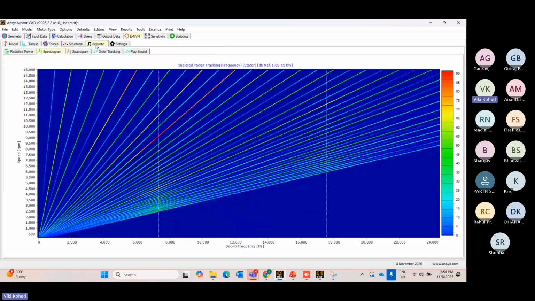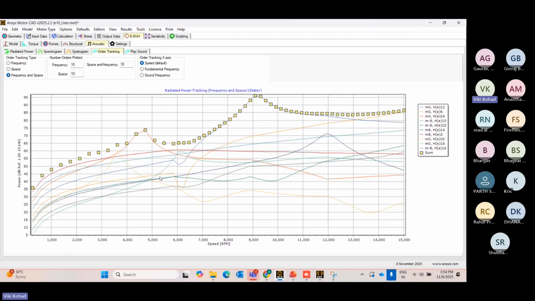Go to acoustic, and here the order tracking, and you can see the graph here. The frequency versus space graph, the power, and this is the speed, and this will give you the time and the space order. So here at the higher speed, at this point, the power is more.